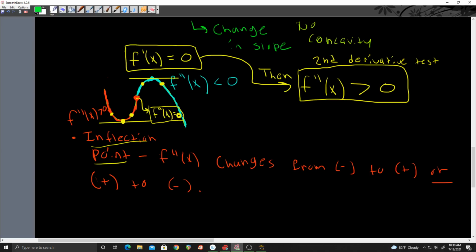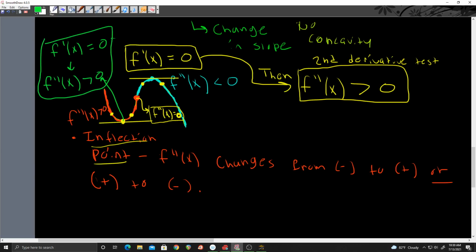In other words, the slope is increasing in this region. So we can either do the first derivative thing or show here that the first derivative is 0 at this point, and plug that x value into the second derivative and show it's positive. And that gives us another justification for a minimum.